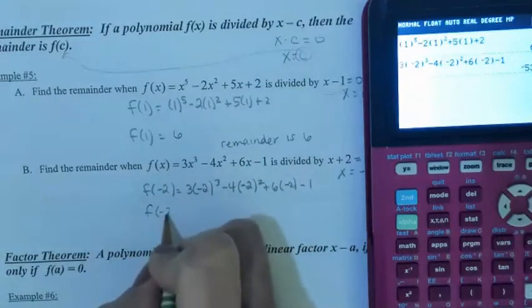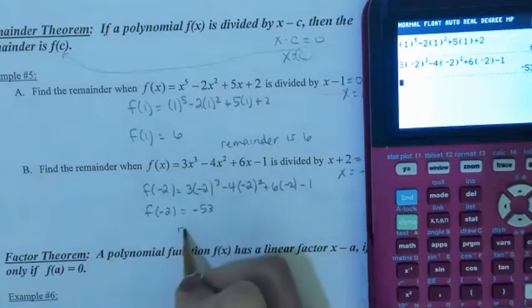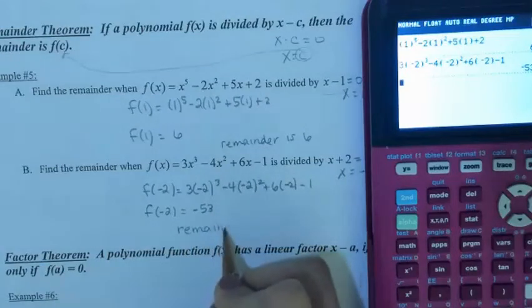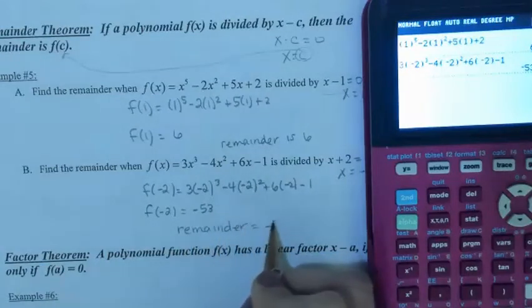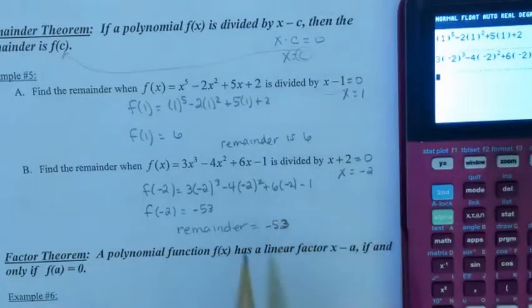So f of negative 2 equals negative 53. What that means is that my remainder is negative 53. So if I took x plus 2 and divided it into this polynomial, my remainder would be negative 53.